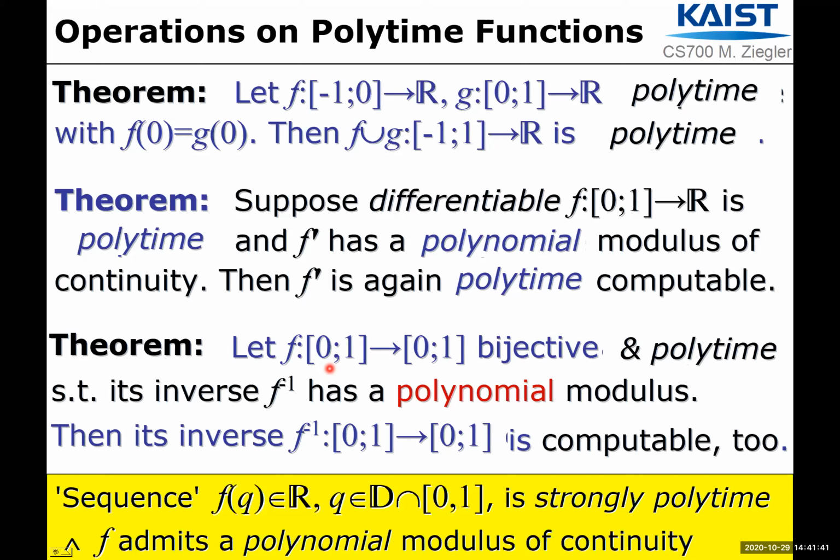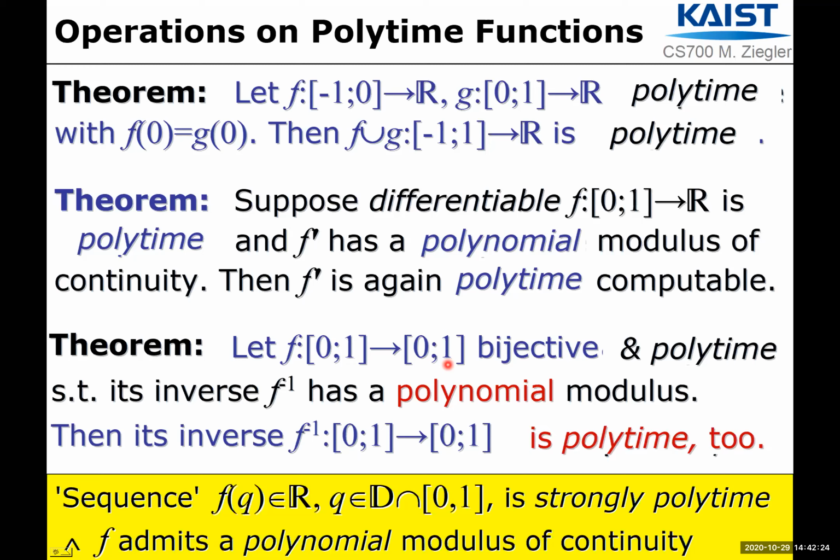It's an open question whether, let's say, we have a function from the two-dimensional unit interval to the two-dimensional unit interval, bijective, polynomial time computable, such that the inverse has a polynomial modulus, whether this guarantees the inverse to be polynomial time computable or not. It is subject to one of the many famous open conjectures in computational complexity theory. And if time permits, then we're going to make that statement formal later in the course of this very chapter 5, until we've characterized other complexity classes.